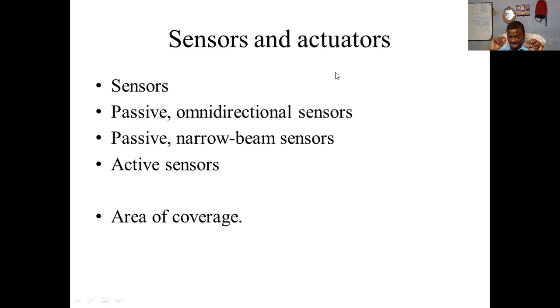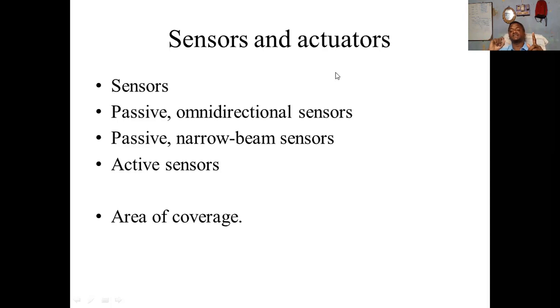The best example I want to give is temperature. If the source is very near, then it is a high temperature. As it moves away, there is a temperature gradient, which means a decrease in the temperature. So to measure all these things, it is not for a particular distance only, it should cover a particular area, a particular radius around the sensor.